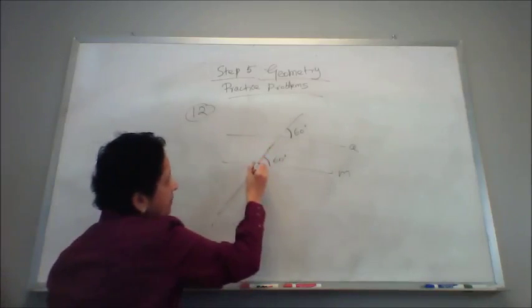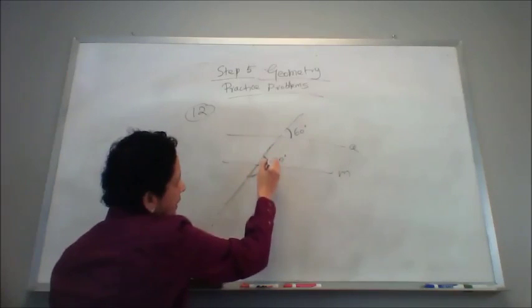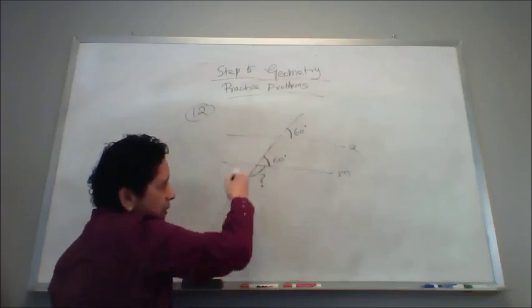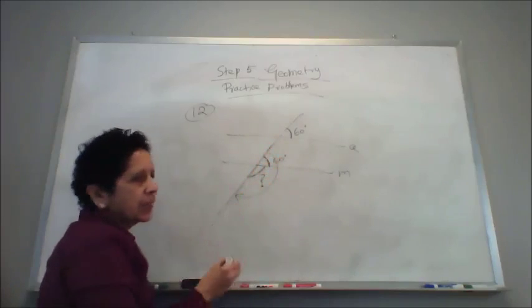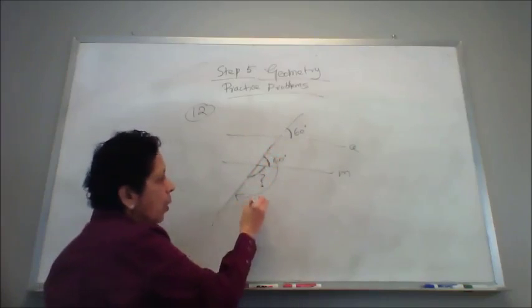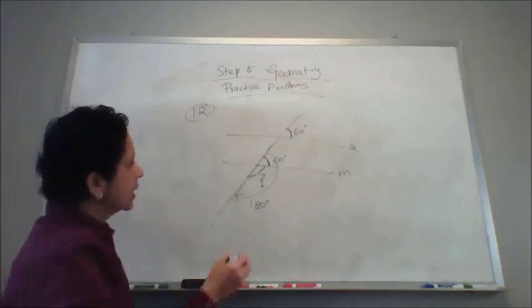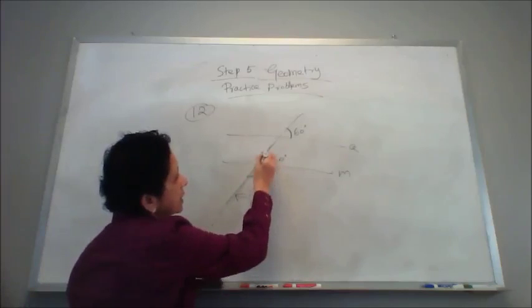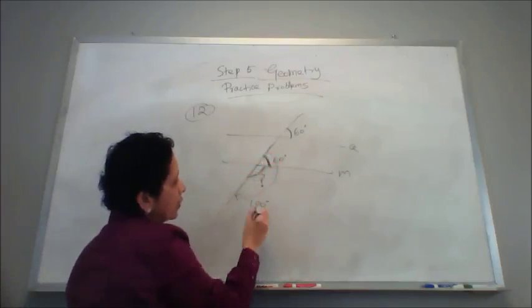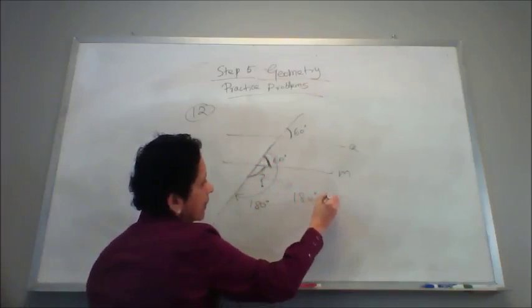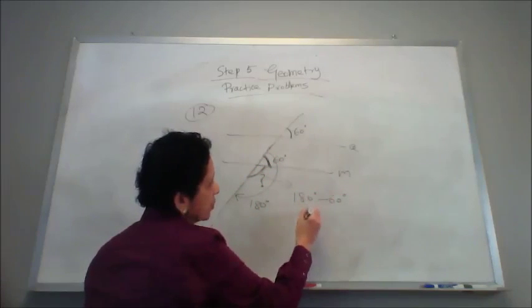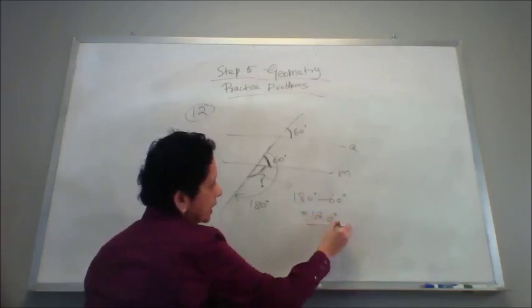And this angle here is 60. Whenever you have a straight line, that whole thing is a straight angle, 180 degrees, right? So this part is going to be 180 minus 60, so it's exactly 120 degrees.